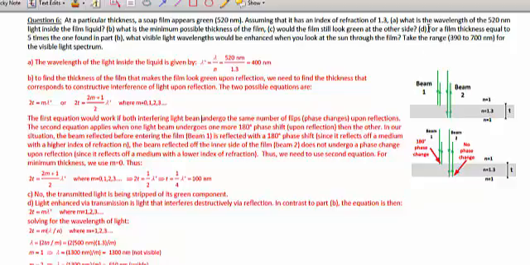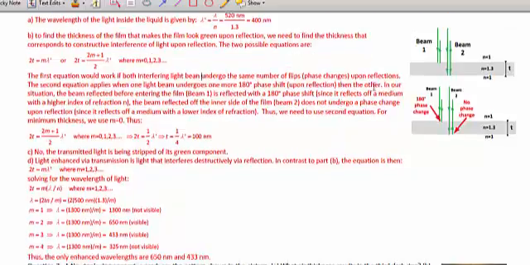Now, part D of the question says, what if we have a thickness 5 times the thickness that we found? So instead of 100 nanometers, 500 nanometers. What visible light wavelengths would be enhanced when you look at the sun through the film? So we are talking about transmission here. And we are asked to consider visible light, which ranges from 390 to 700 nanometers.